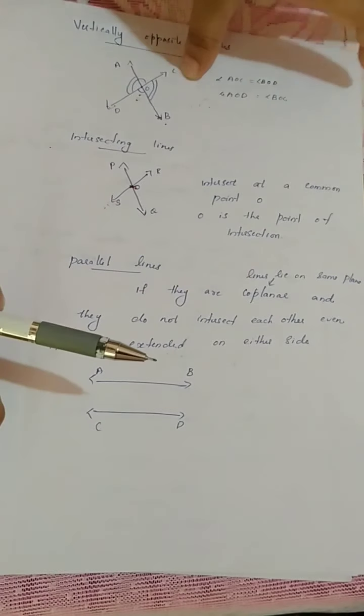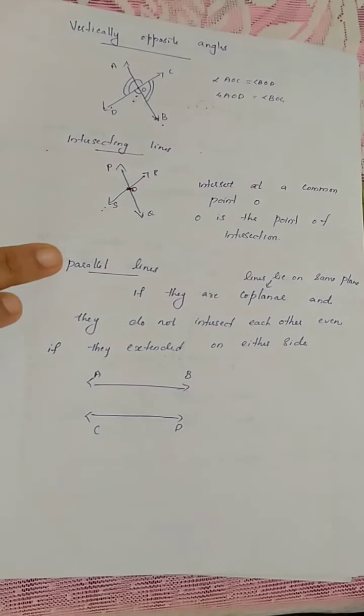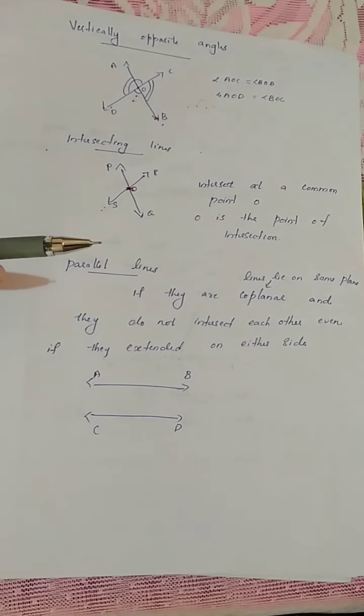Next is parallel lines. Parallel lines are coplanar and they do not intersect each other even if they are extended on either side. Coplanar means lines lying on the same plane.